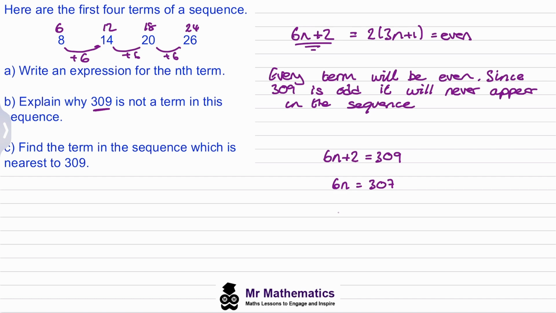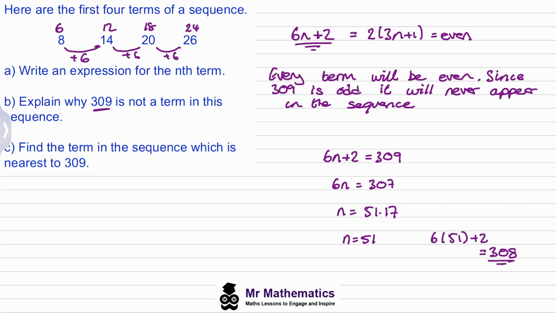We'll divide both sides by 6, so n will equal 51.17. So the term that this is nearest to will be the 51st term. And then to work out which term this is closest to, we'll substitute this back into the nth term. So we get 6 lots of 51 plus 2, and we get 308. So this will be the term nearest the 309, okay?